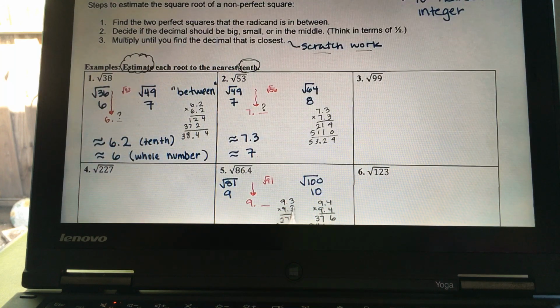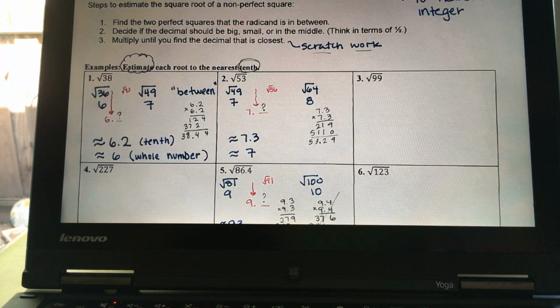Wow, okay, so that is much better. So again, when I did my estimating 9 point what, my first guess was a little bit too high, so I modified that, and that gave me 9.3. So I'm going to go ahead and say that that's to the nearest tenth, and then rounding to the nearest whole number is 9.